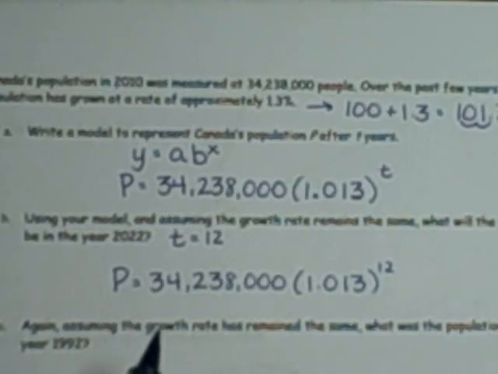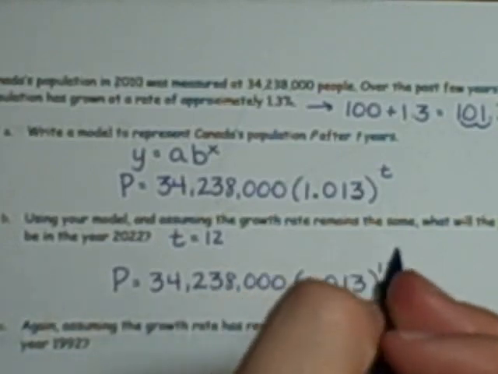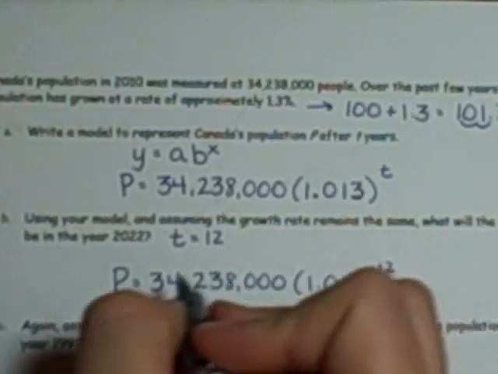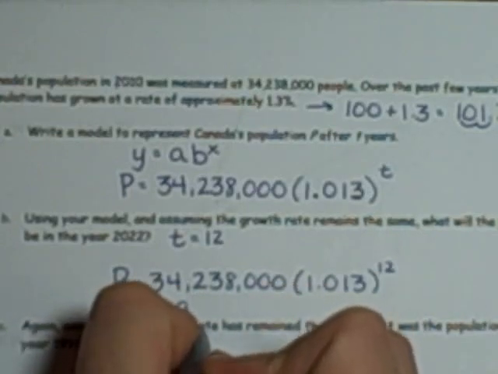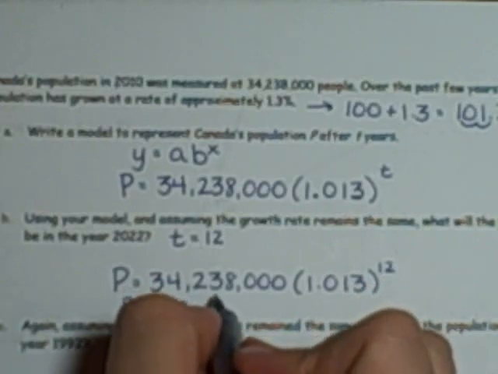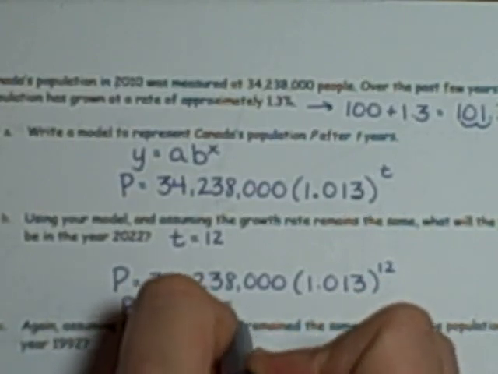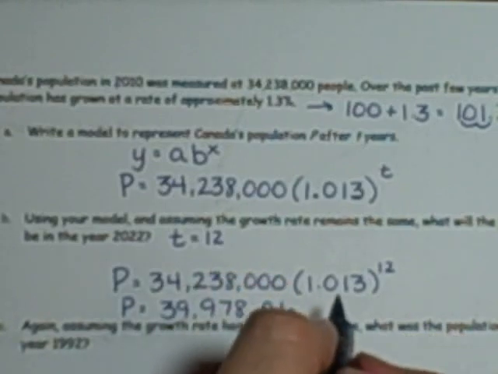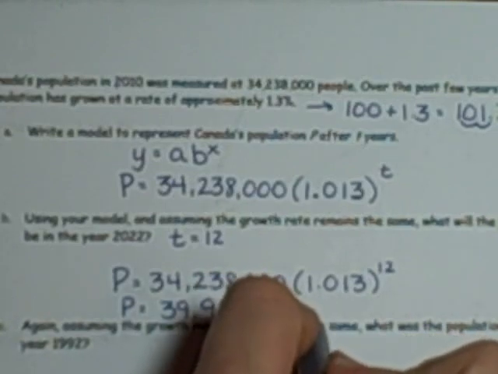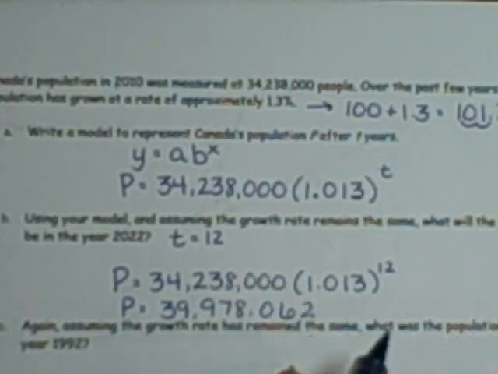And I come up with, just make sure I get my commas in the right spot, my population is 39,978,061 people. And it's 61.5, so I would probably round to 62, but I would probably take your answer either way.